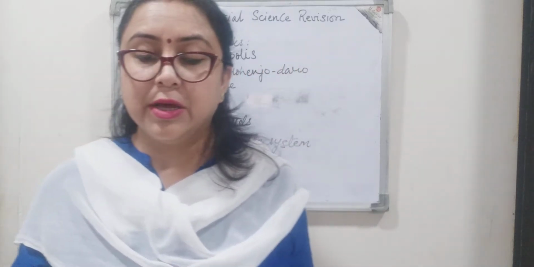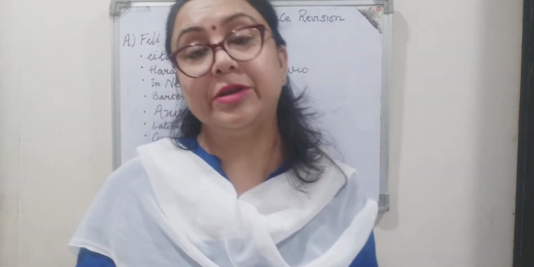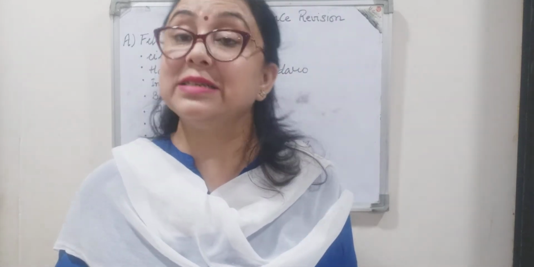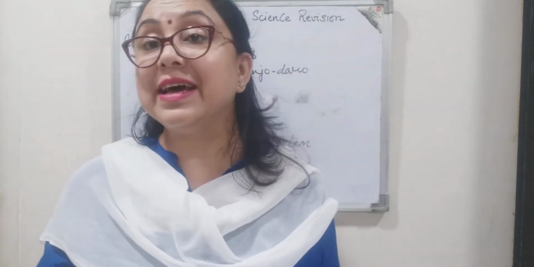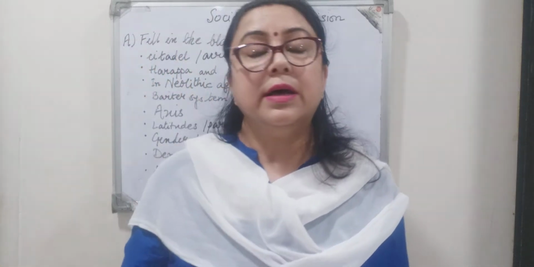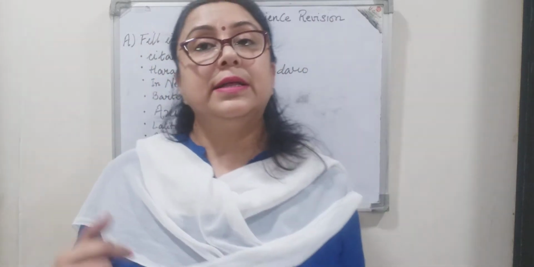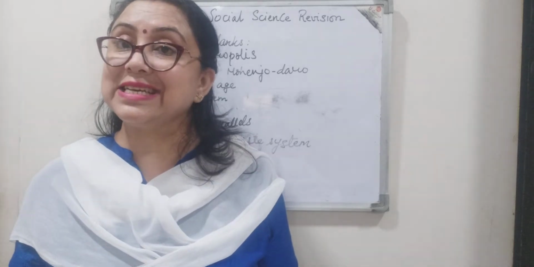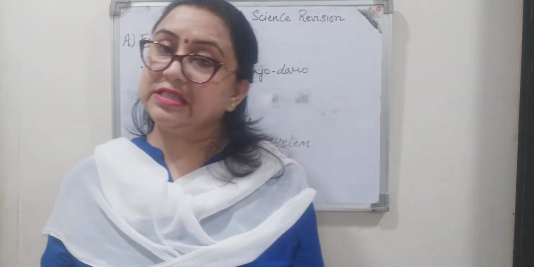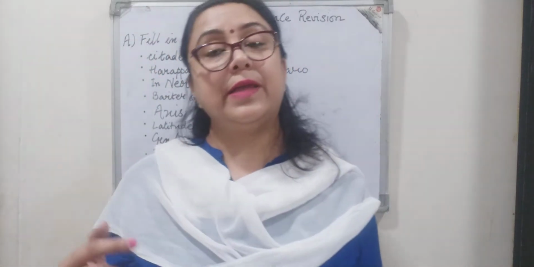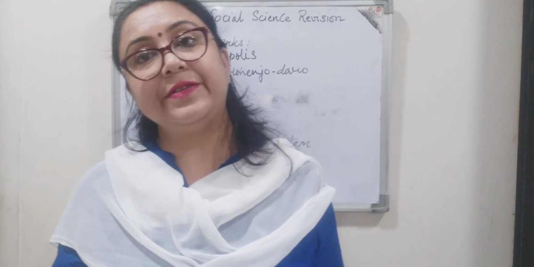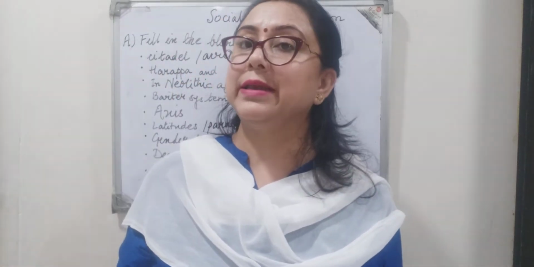Don't get confused. So here you will mention all the important lines, that is equator 0 degree, then Tropic of Cancer 23.5 degree north, Tropic of Capricorn 23.5 degrees south, then Arctic Circle 66.5 degree north, Antarctic Circle 66.5 degrees south, then North Pole 90 degree north and South Pole 90 degree south.